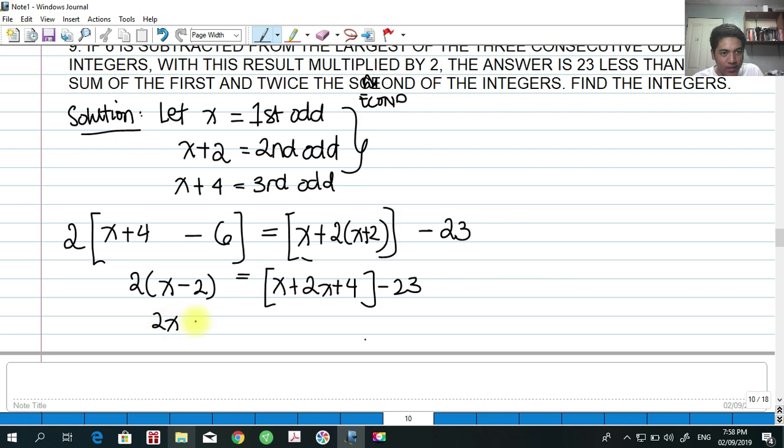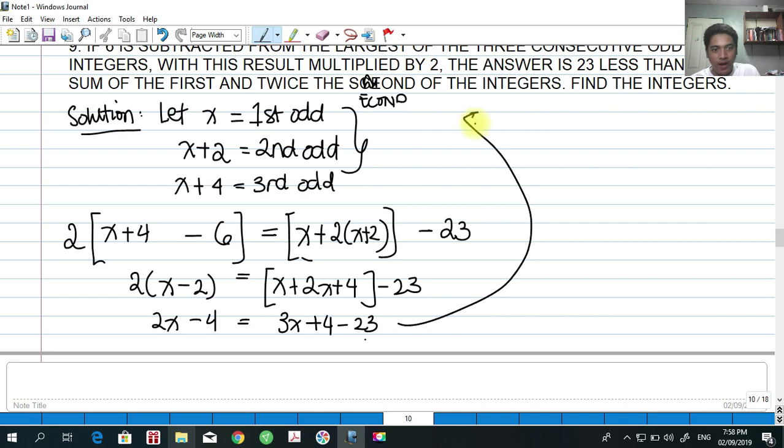We have 2x minus 4. We have x plus 2x is 3x plus 4 minus 23. Combining like terms, 2x minus 4 equals 3x, and 4 minus 23 is minus 19, so 3x minus 19.